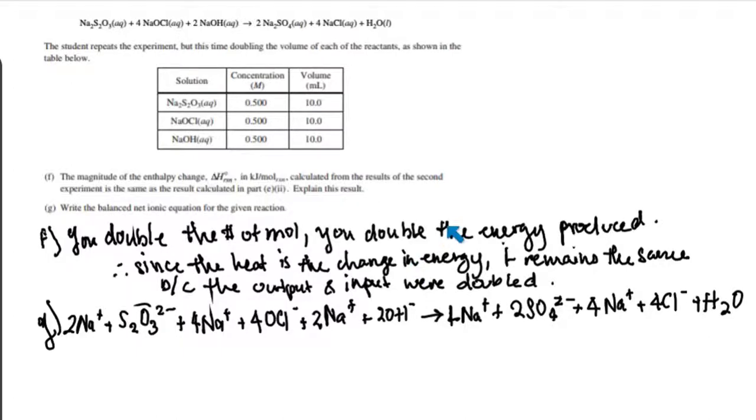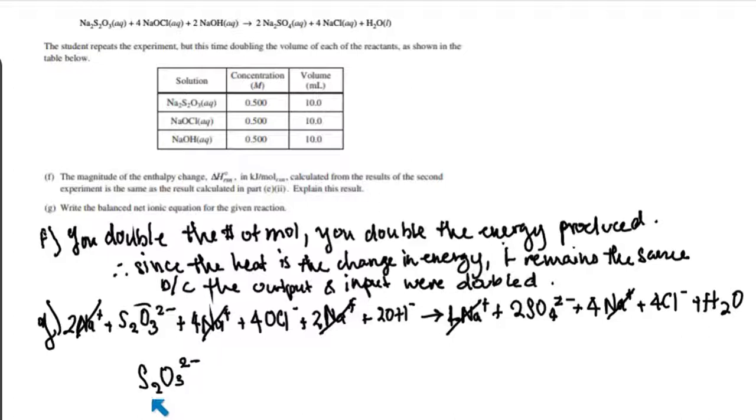And then you have to go along and cancel them. So let's see, we have 2 Na, 4 Na, so that's 6, 8 Na on the left-hand side and 8 on the right-hand side. So we can cancel out all of them because you have 8 on both sides. And then from there, there's nothing else that cancels out. So that will give you your final ionic equation.